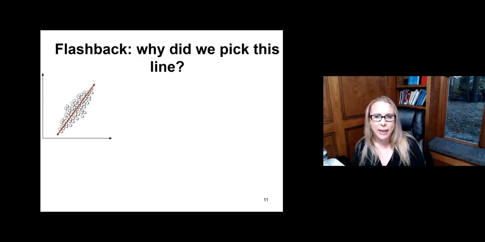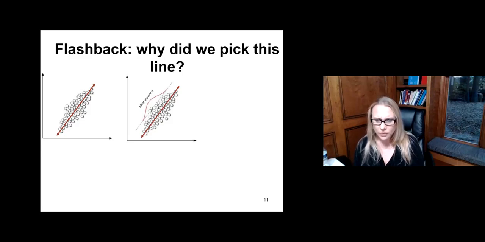So let's take a step back here and look again. Why do we pick this line here, and why are we looking at principal components? As we've discussed before during the principal component discussion, this line represents the line that captures the majority of the variance within the data set, or the highest percentage of the variance.